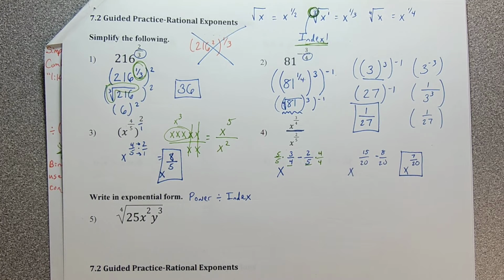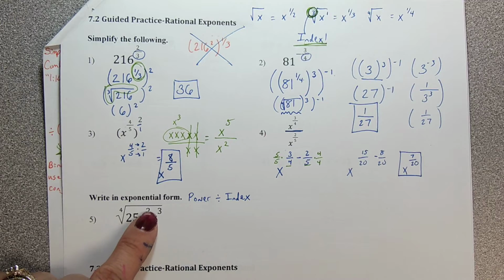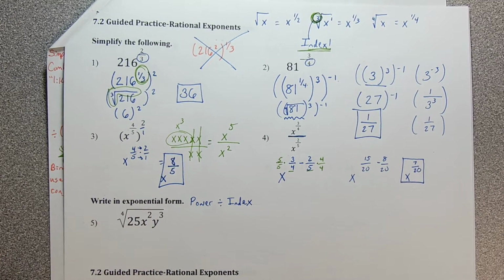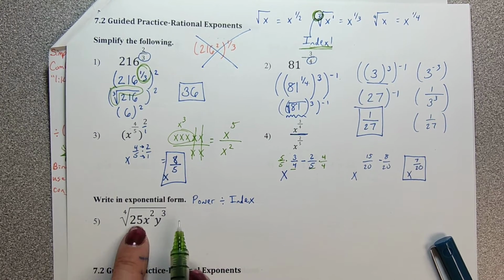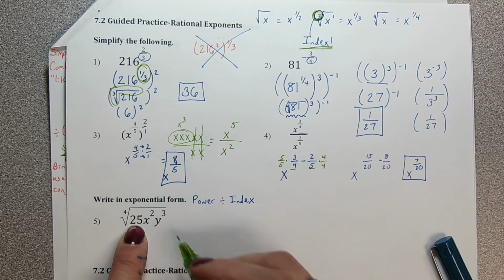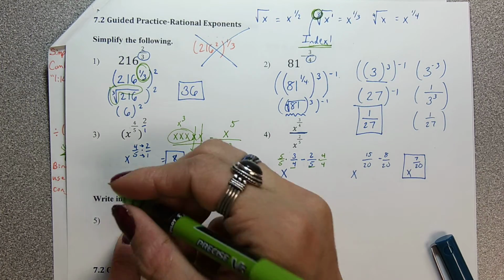So here we are just rewriting. We don't have to worry about simplifying it all. So even if this was like x to the 9th or something, where I could break it up and try to simplify that a little bit, here we are just rewriting. We're not simplifying. So when I go to rewrite the 25 in exponential form, currently, what is the power of that 25? It's 1.